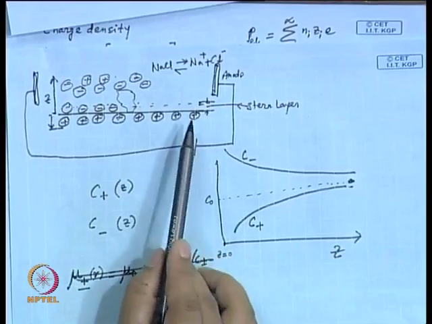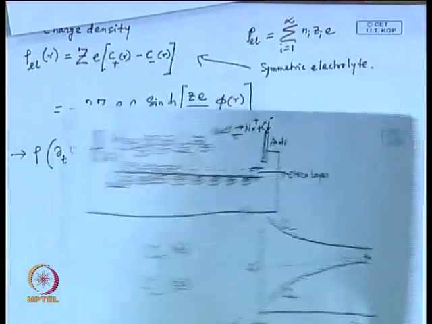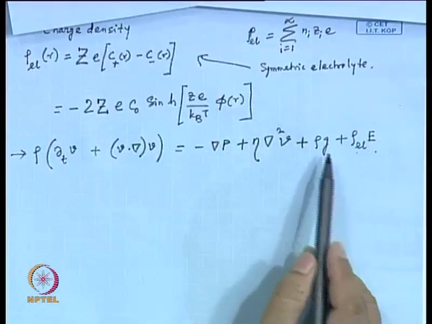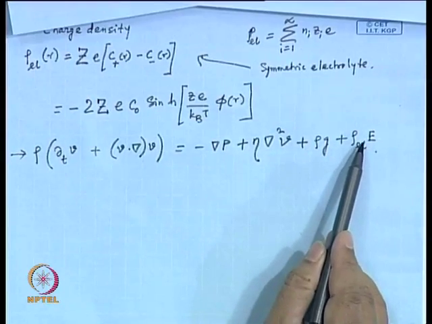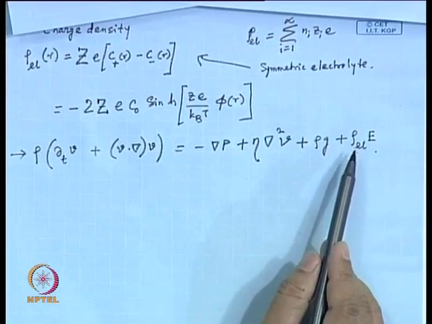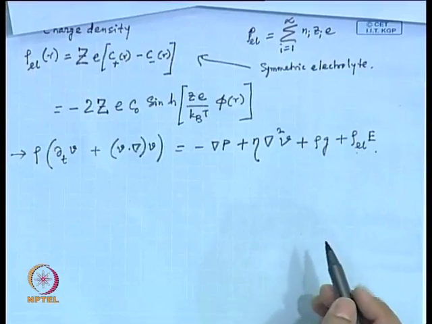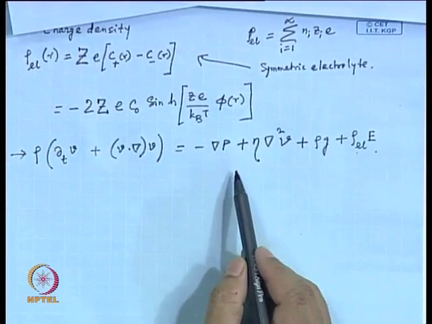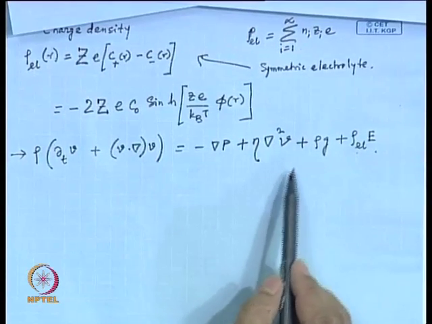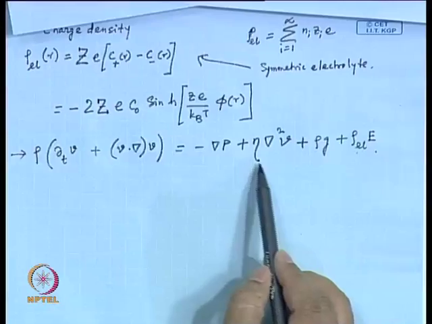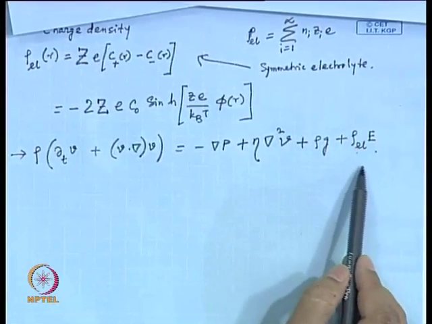Then you need to solve this Navier-Stokes equation, where this rho EL term is primarily operational. If you do not give a pressure, if your inlet pressure and outlet pressure are the same, if delta P does not exist, then for a steady state case it would be just an interplay of this term and this term.